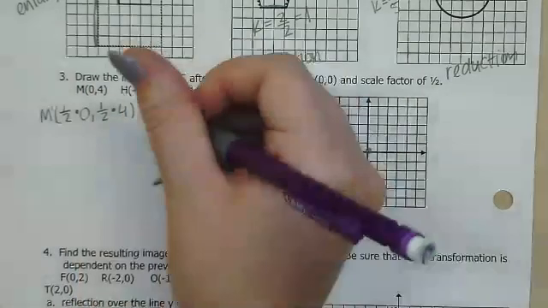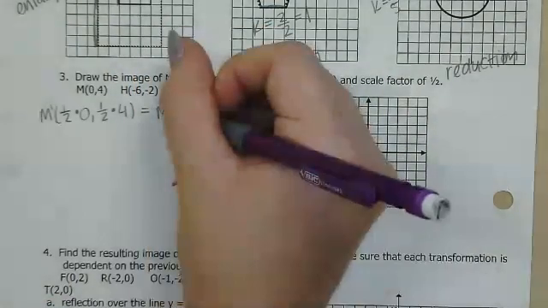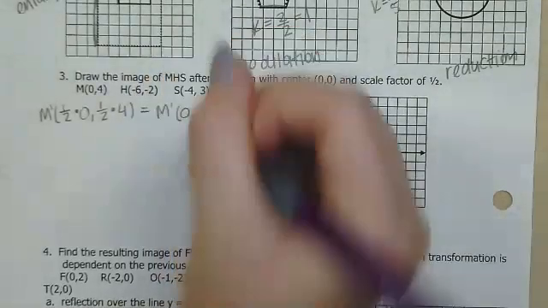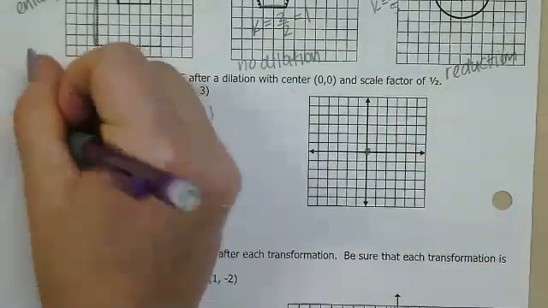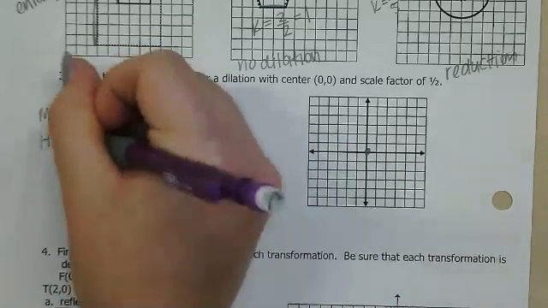Okay, so what would our new coordinate m prime be? What's 1/2 times 0? 0. And what's 1/2 times 4? 2. All right, and then I have to do that for each point.